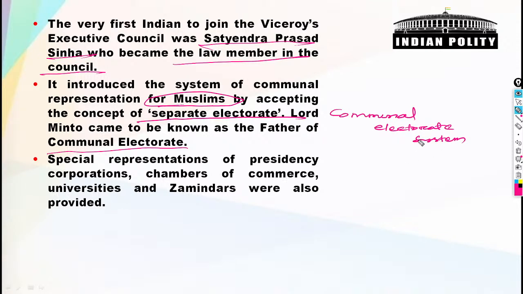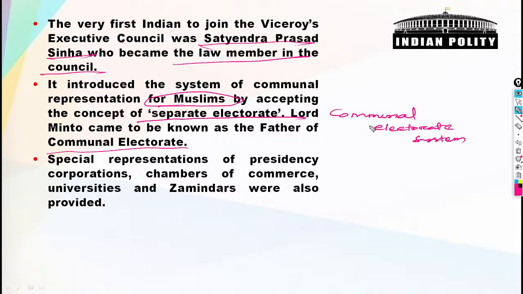Okay, so these are the notable factors. First of all, an increase in the size of the governor general's additional members, and it also introduced the communal or separate elected system.